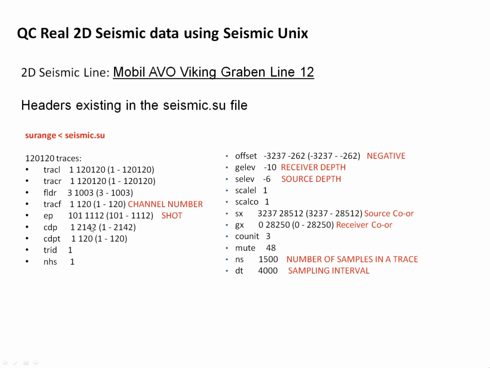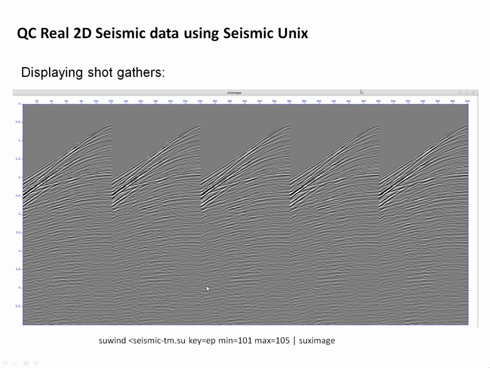So basically EP is the shot header, so you have got shots from 101 to 1112, and the CDP and CDP-DT header, and then offset, the receiver elevation, the source elevation, and the source and receiver coordinates. NS is the number of samples in a trace, DT is the sampling interval. So yeah, you can visualize them using the su-range command.